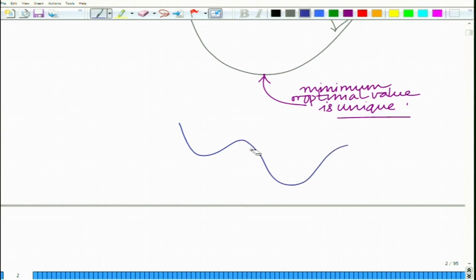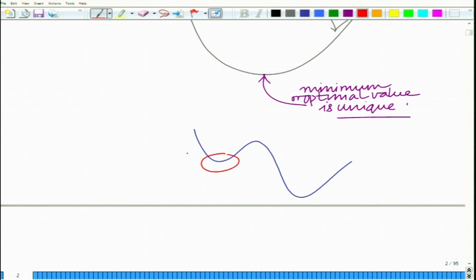Now, as against this, if it is non-convex, you have the concept of a local minimum. If you look at this here, it appears like a minimum, but it is only a minimum locally, that is, in a certain neighborhood. It is the minimum in this neighborhood, but it is not the minimum globally. The global minimum, that is the minimum over the entire domain, is this.